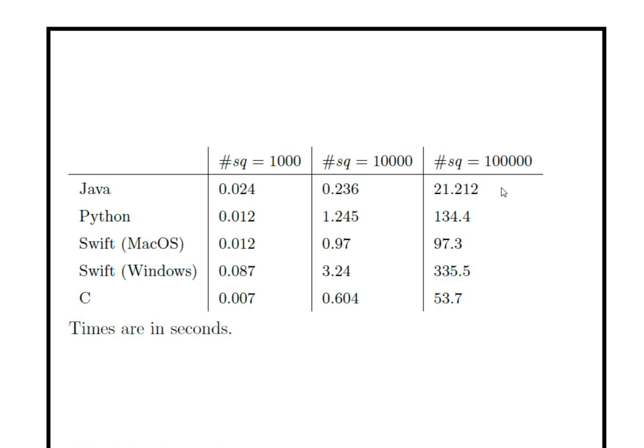So it's of reasonable efficiency even for quite large sequences of 100,000 elements, we get a time of 21 seconds in Java. In Swift, it's a little bit higher, but it still is quite feasible.